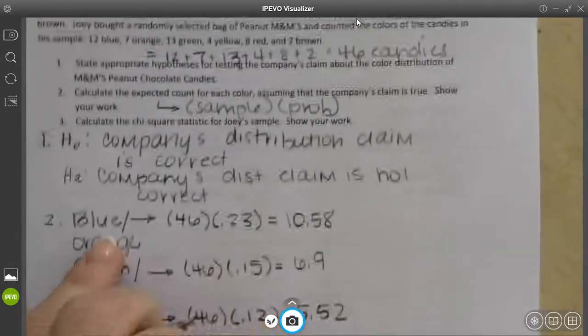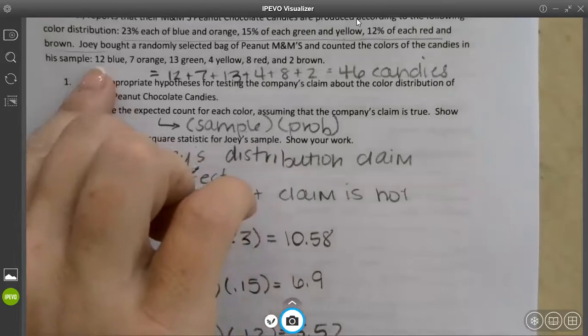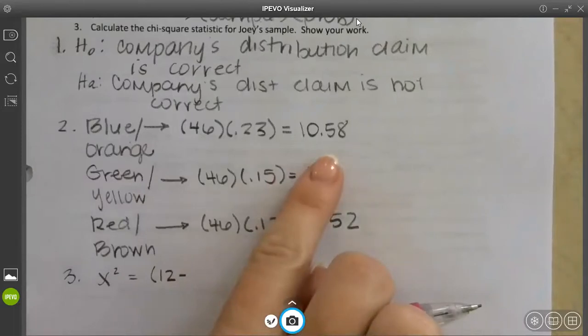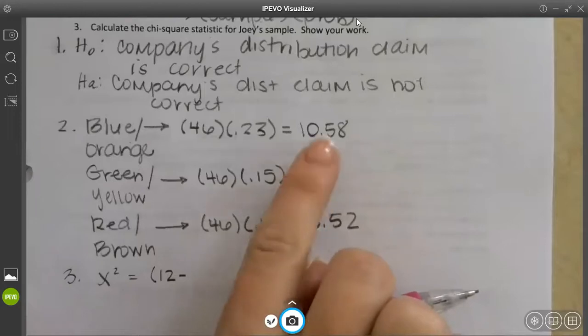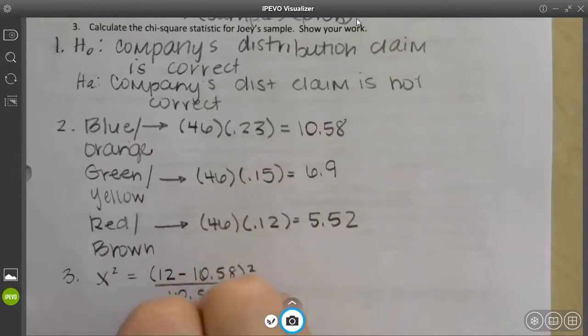How many blue did you observe in the sample? 12. But we expected how many blues? 10.58. We're going to square that over that 10.58.